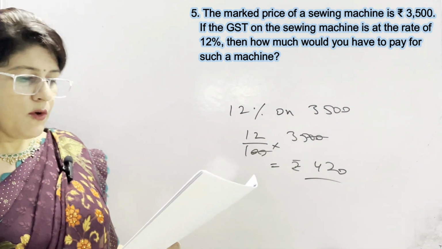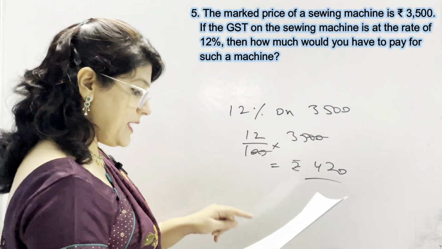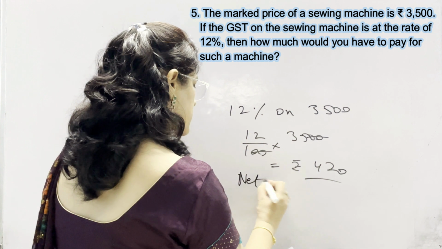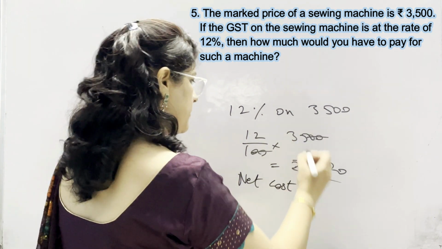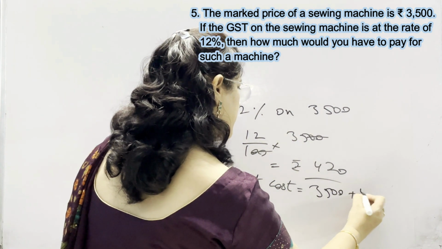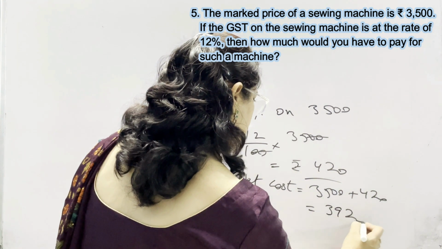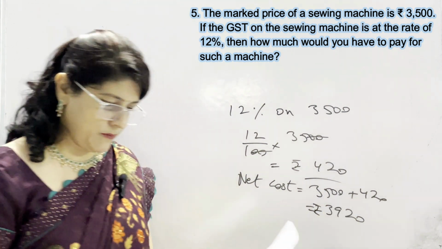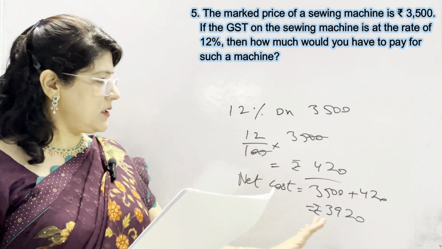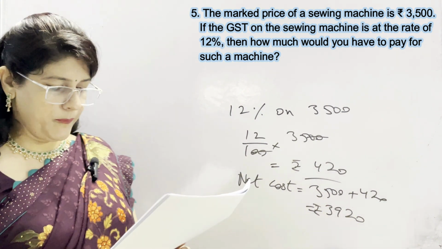So I have to pay 420 for GST. They have asked about the net cost. It means 3500, which is the marked price, and 420, which is the GST, and their sum comes out to be 3920 rupees. So the net cost is 3920.